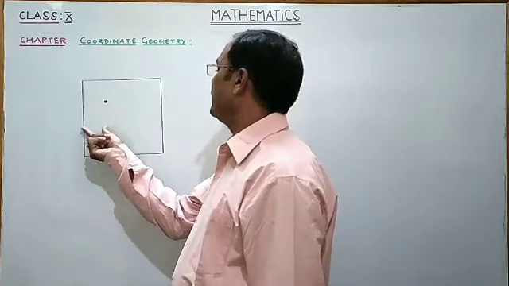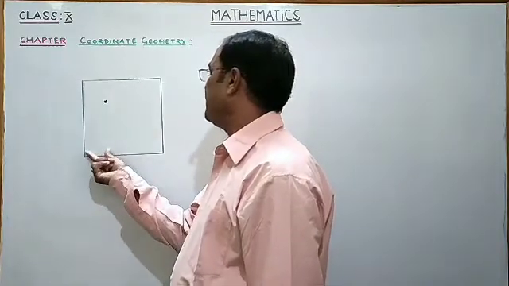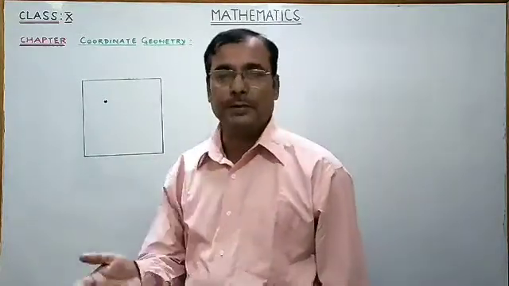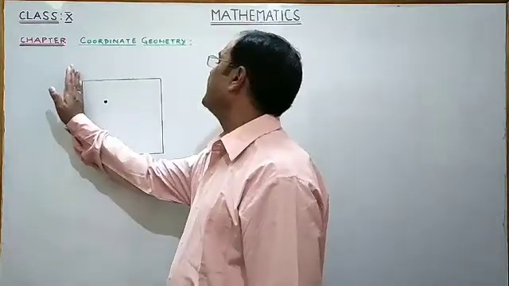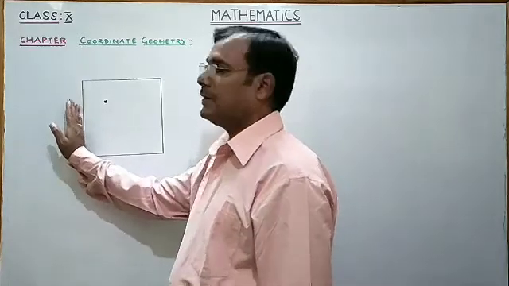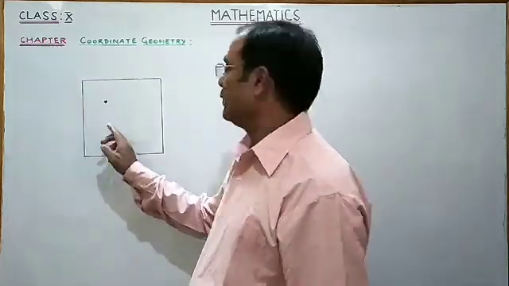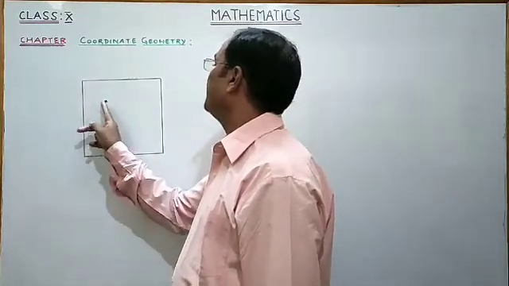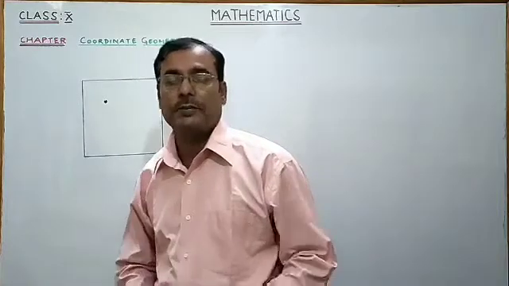It can be here, it can be here, it can be here, and this way this dot will have so many positions at 5 centimeter from this left edge of the paper. Therefore, saying 5 centimeter away from the left edge of the paper is not fixing the position of the dot on the paper.